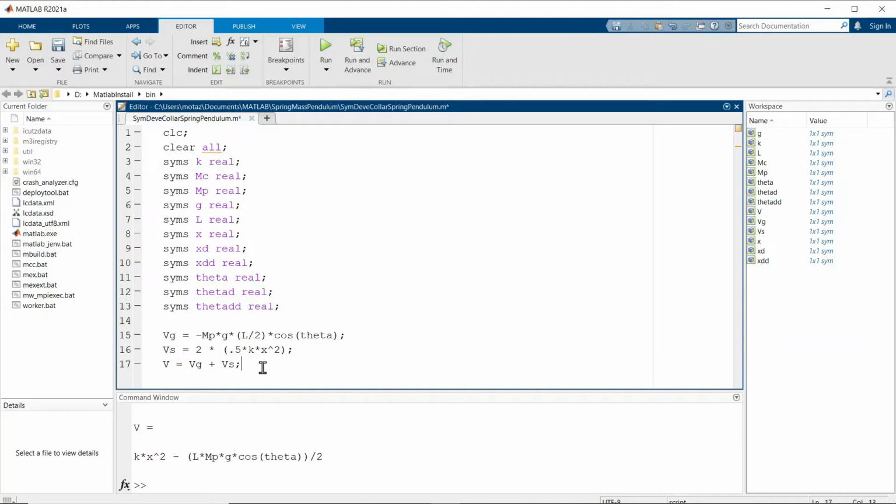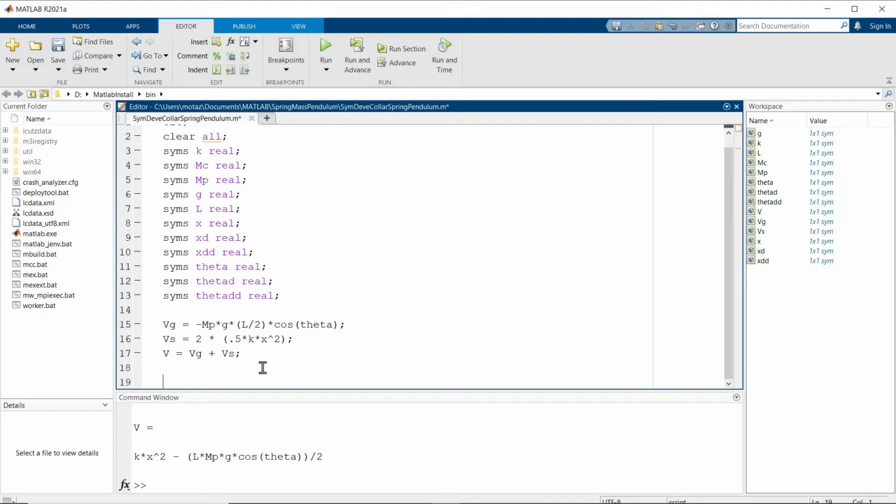So the kinetic energy is going to be made up of 3 components, as the pendulum has a rotational kinetic energy and a translational kinetic energy, and the collar just has a translational kinetic energy. So kinetic energy of the collar translational plus kinetic energy of the pendulum translational plus kinetic energy of the pendulum rotational. So now let's define these 3 terms.